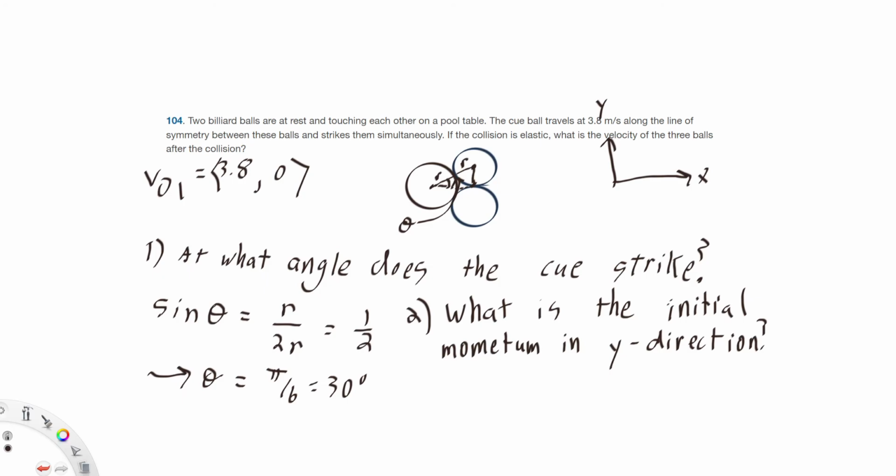Good job. It's 0. There's originally no velocity in the y direction, which means no momentum in the y direction. But then what does that say about the final momentum in the y direction? So what will be the momentum in the y direction after this collision of billiard balls?